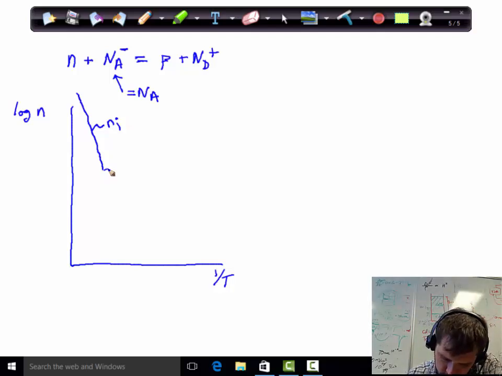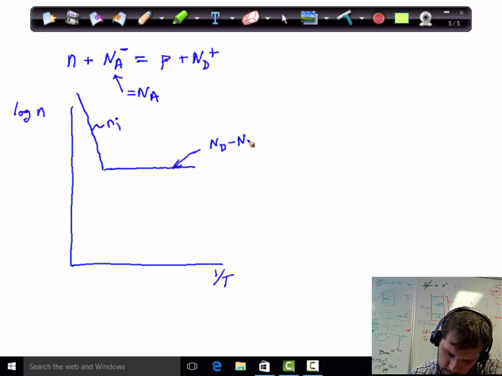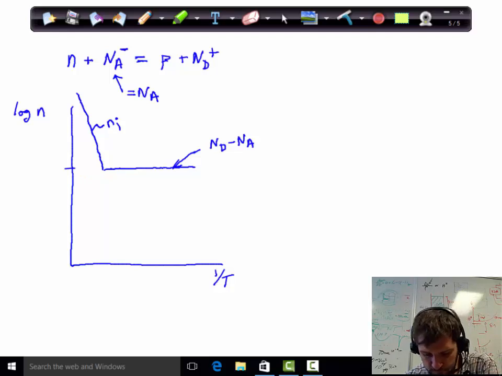And then over a pretty wide range of temperatures that usually is designed to include room temperature, our net concentration would be given by Nd minus Na. So over this range of temperatures here, we can assume full ionization for the donors and the acceptors.